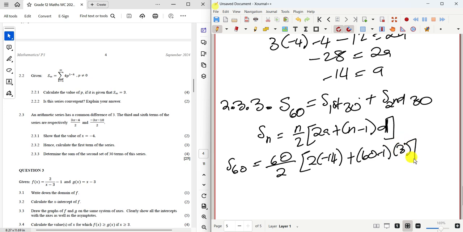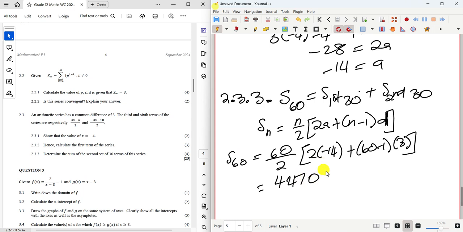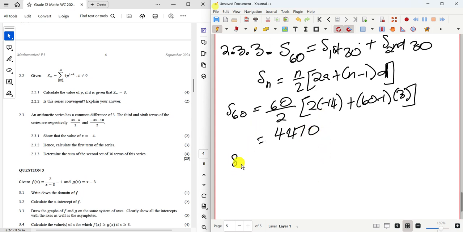This is 30 times minus 28 plus 59 times 3, which becomes 4,470.